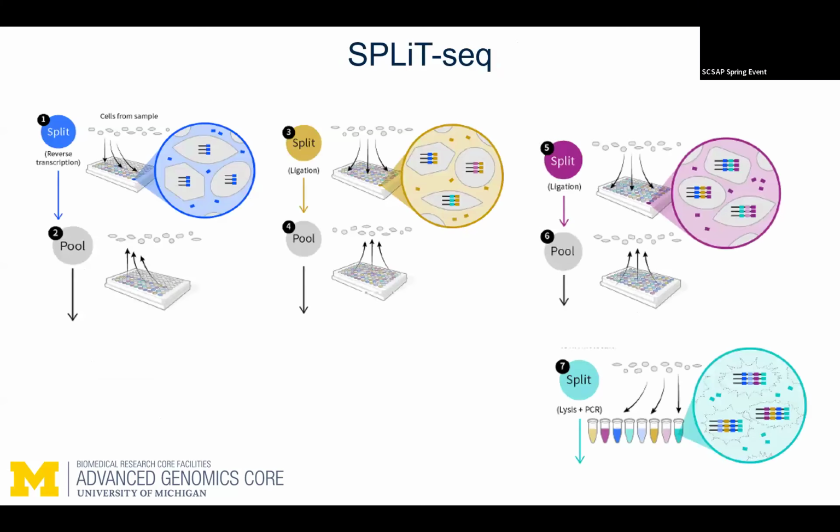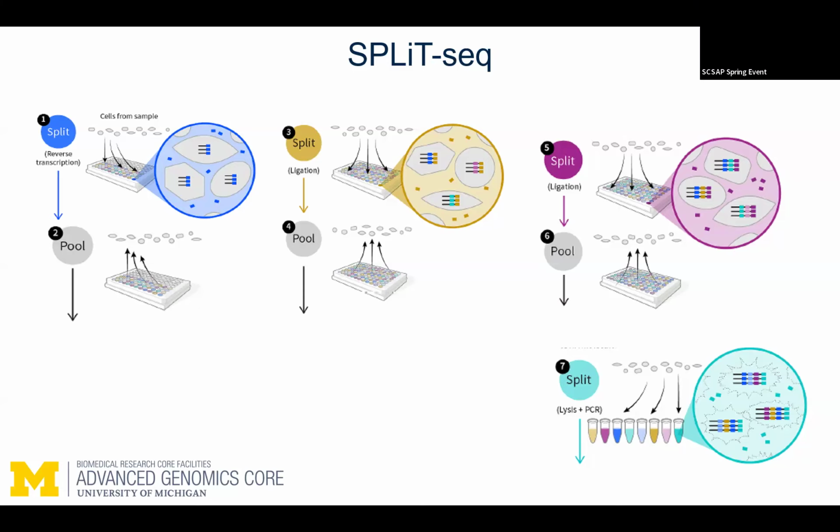So changing gears a little bit to talk about the split-seq options. Split-seq actually uses the cell itself as the partition. So cells are still fixed and permeabilized, and then barcodes are successively put onto the transcripts through multiple rounds of splitting your cells out, doing a barcoding round, pulling them back together, splitting them out, pulling them back together.